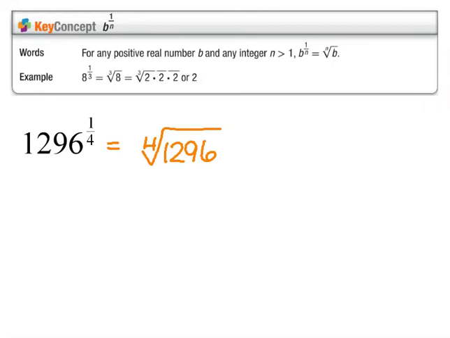So real quick, let's just go ahead and break that down. 1,296 should be 2 and, it's a big number. What is that, 648?